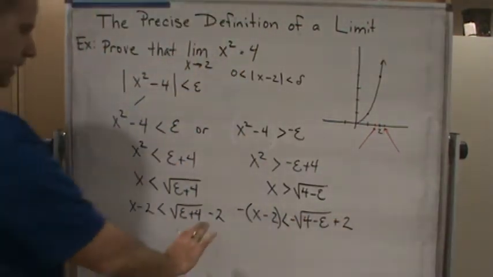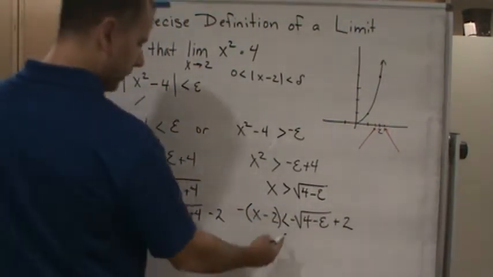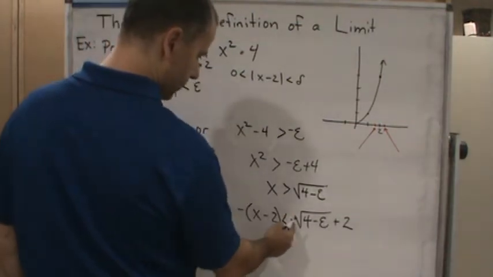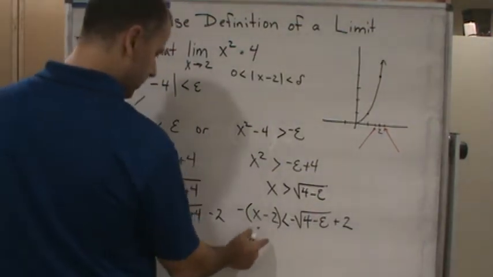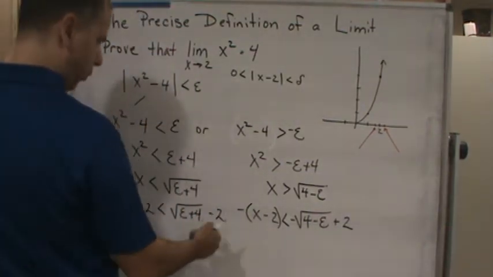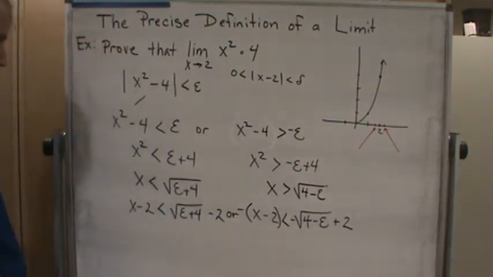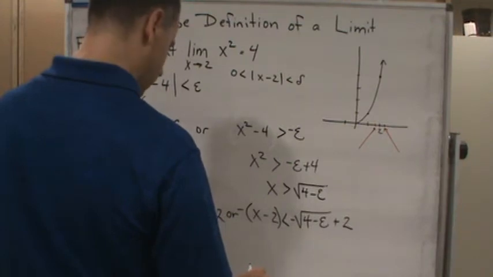Because I'm just multiplying by negative 1 all the way across. So I flip the sign, this whole thing becomes negative, so I just distribute the negative sign here. I'm doing this because I'm setting up for the absolute value. Hold on a second, let me rewrite this.